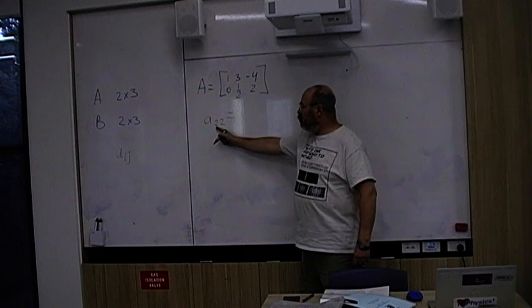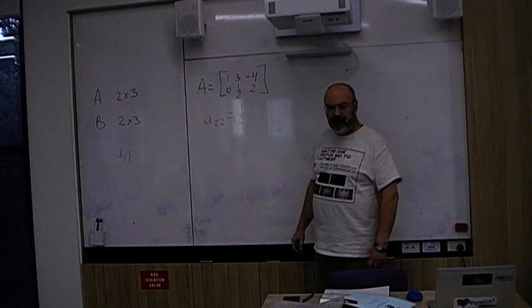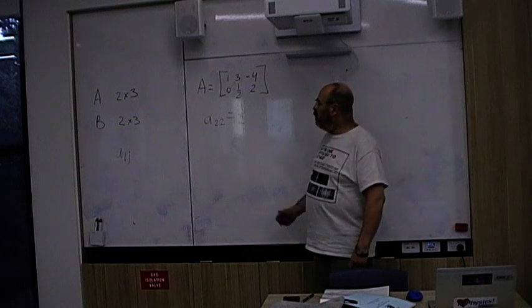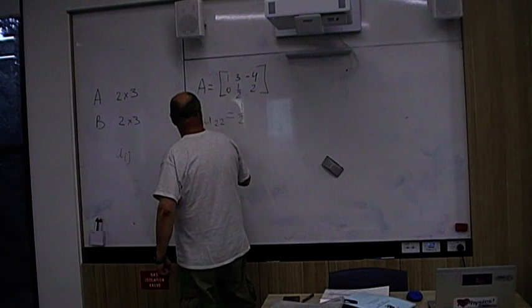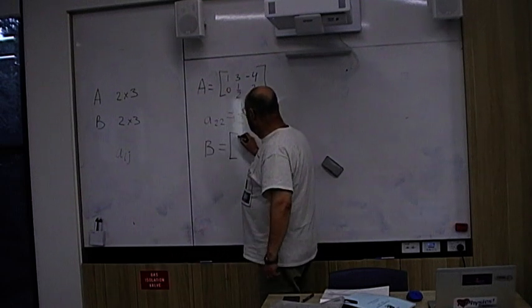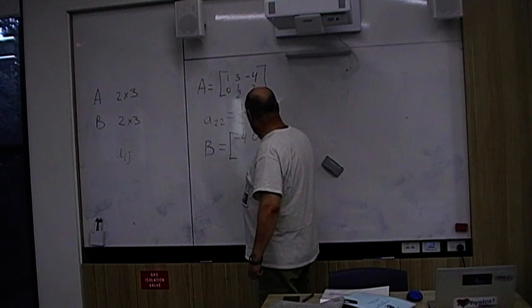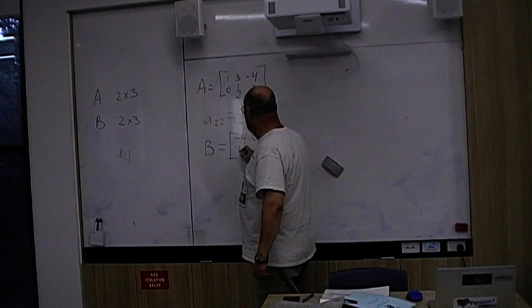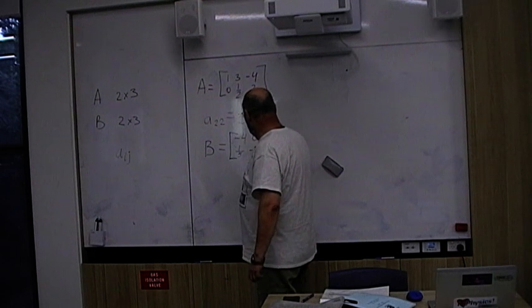Second row, second column is 1/2. And the matrix B will be of the same order, 2 by 3, for example, minus 4, 0, 7, 1/5, minus 1, 3.